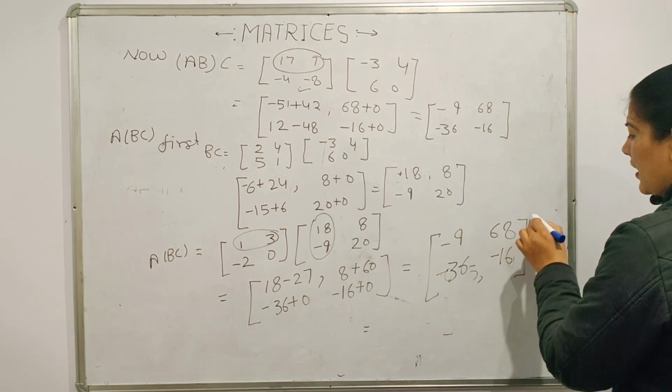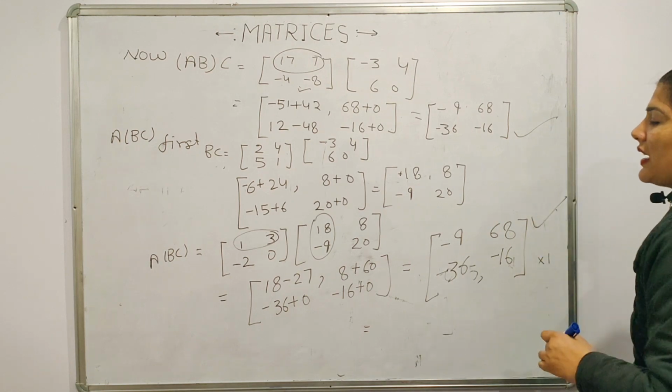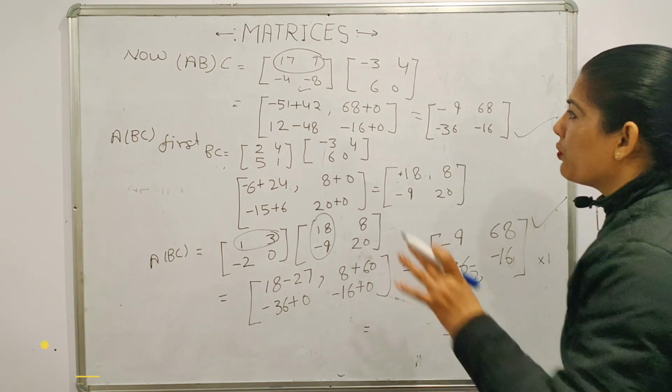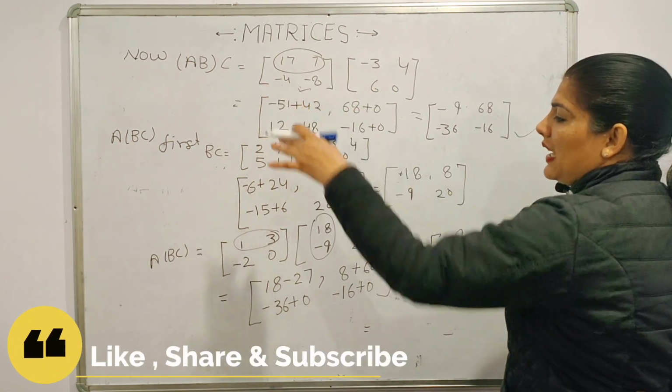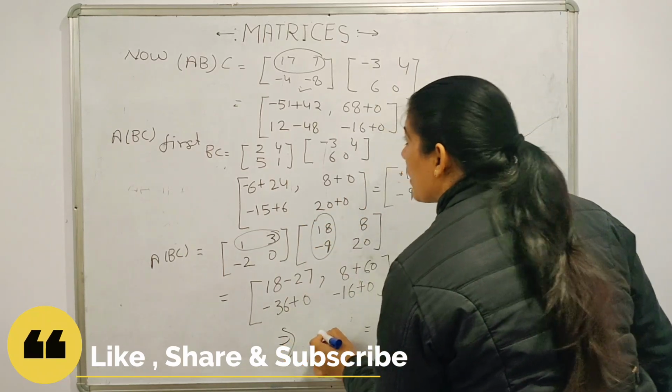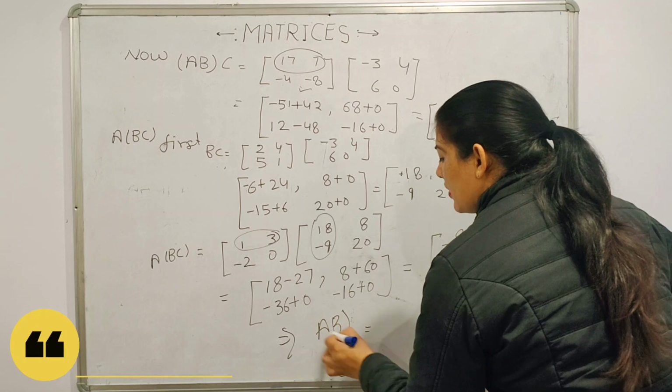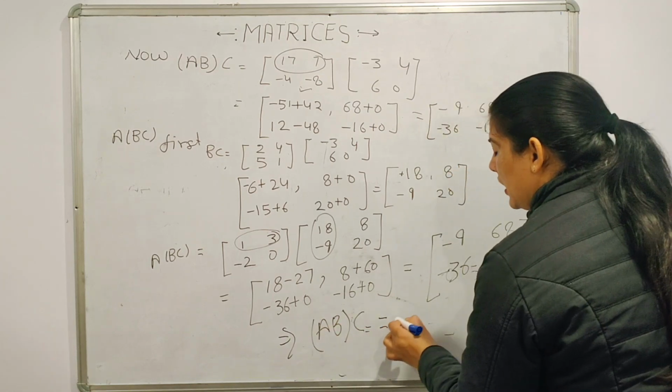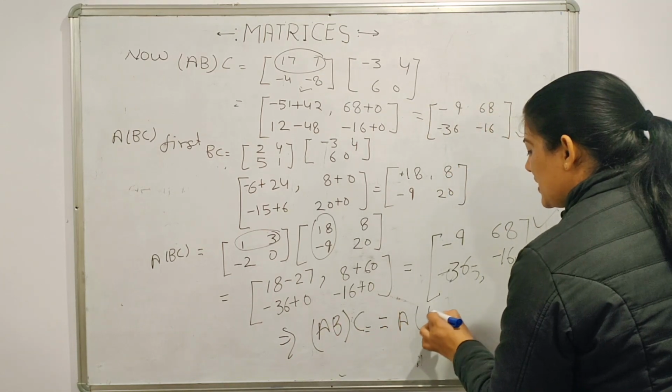You can see that these two are equal, and that's what we have to prove. This is AB into C and this is ABC. So AB into C is equal to ABC.